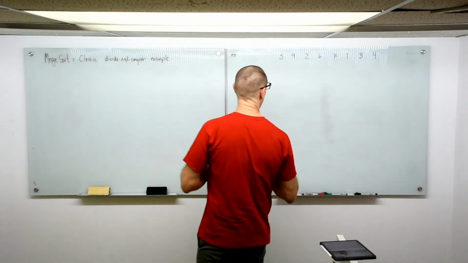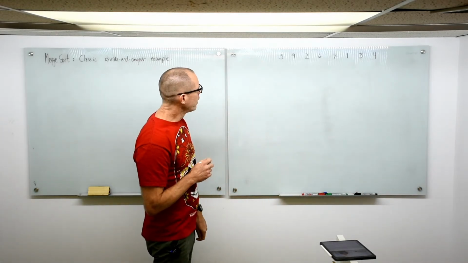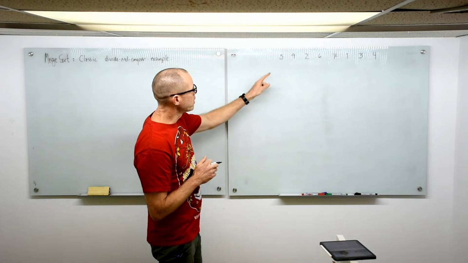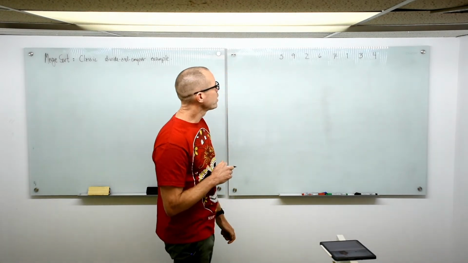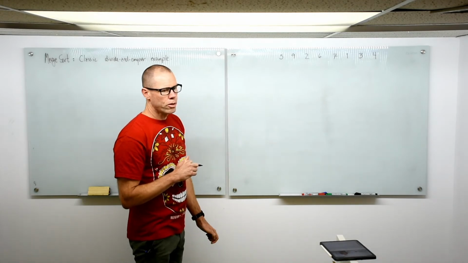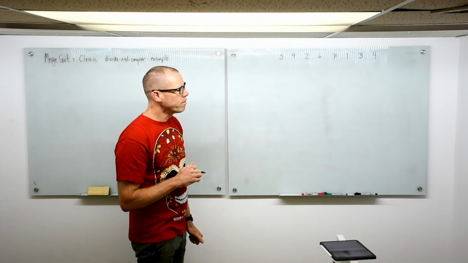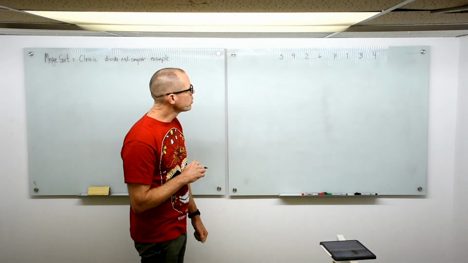So for example, if this is my input list of things in some order, 5, 9, 2, 6, 7, 1, 3, 4, these things happen to be integers. We can definitely compare integers in a natural way, just using the less than relationship.